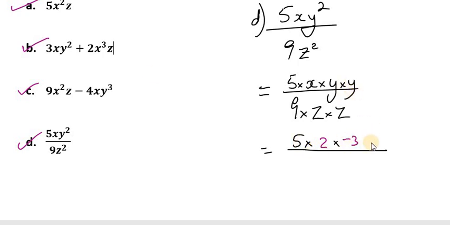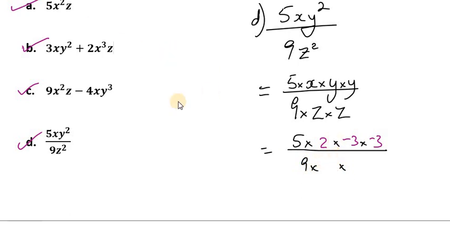We have another multiplied by y again, that's -3. Let's put the multiplication sign between them. Then 9 times the value of z, and the value of z is 5, so we have 9 times 5 times 5.